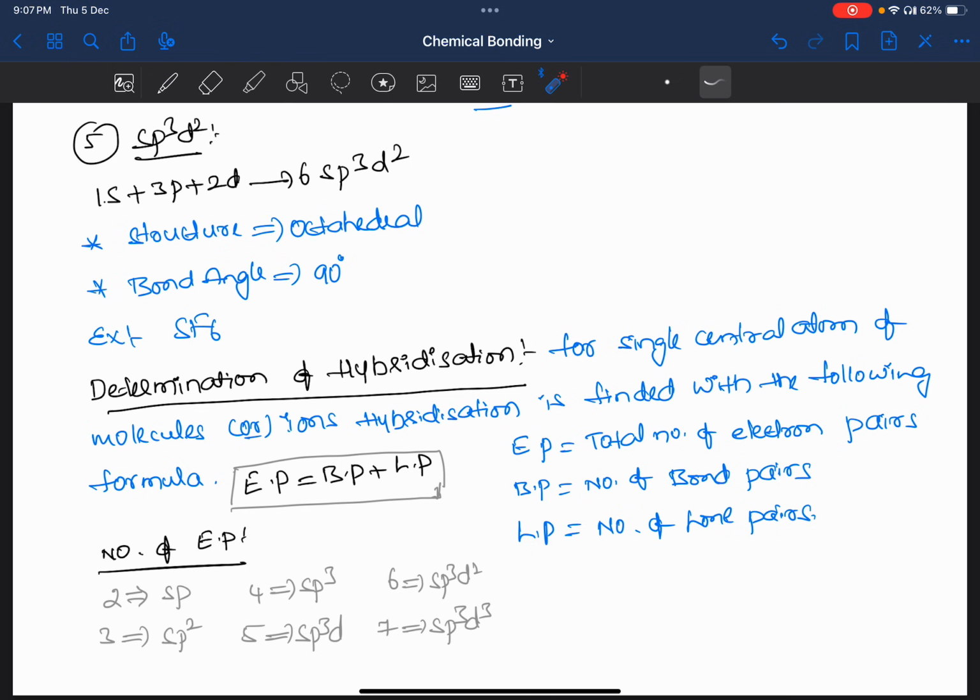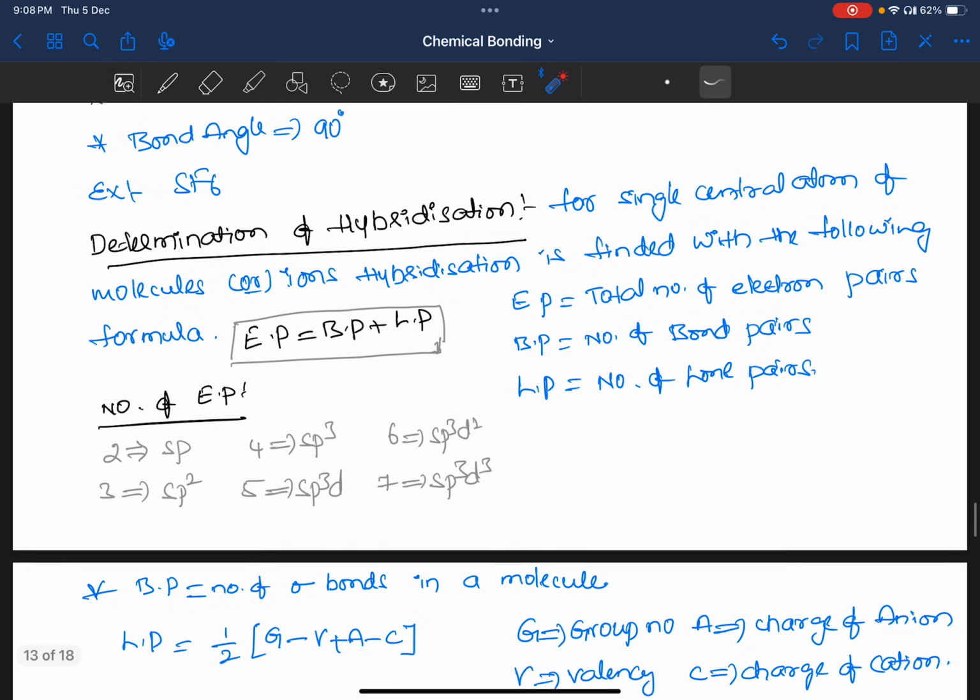Hybridization is found with this formula: electron pairs equals bond pairs plus lone pairs. EP indicates the total number of electron pairs, BP the number of bond pairs, and LP the number of lone pairs.